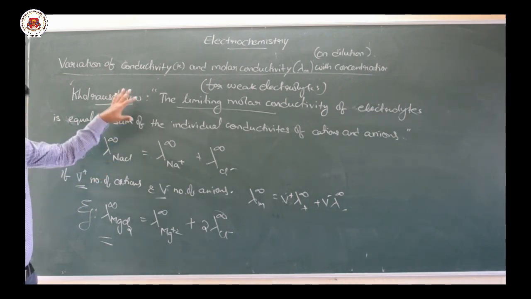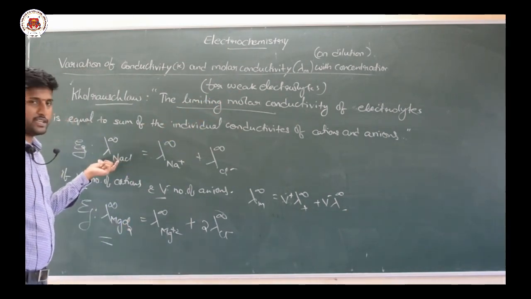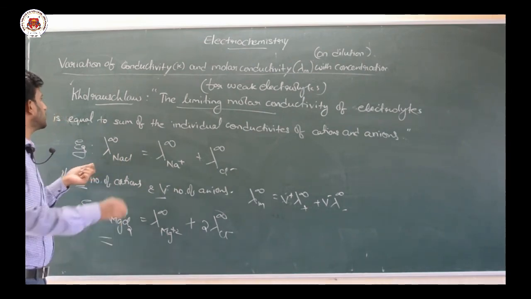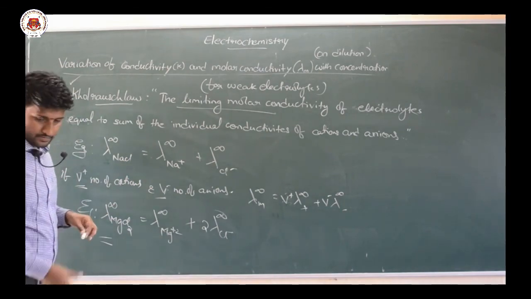But in this method you can measure lambda infinity accurately for weak electrolytes also. So, that is the use of Kohlrausch law. Okay? Then just pause.